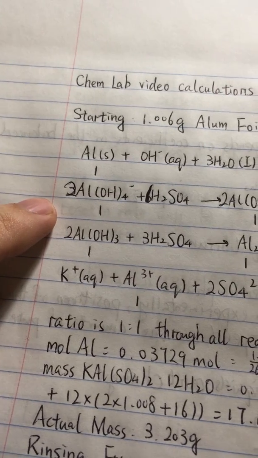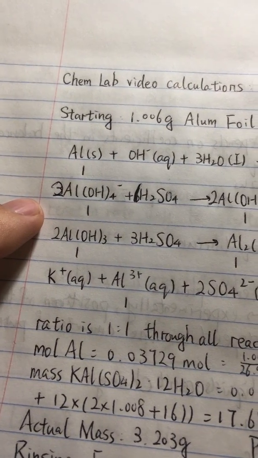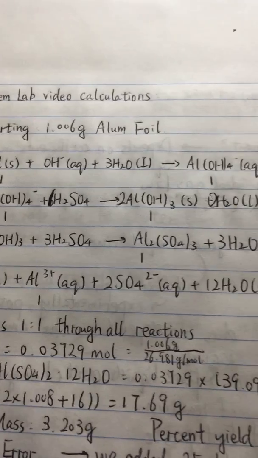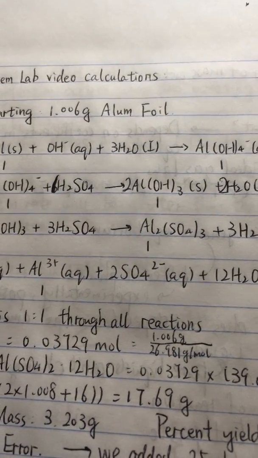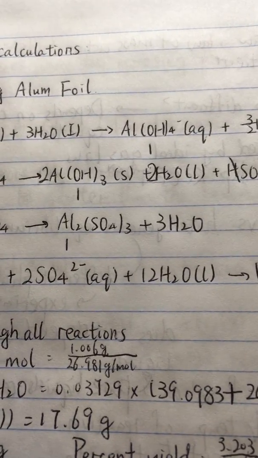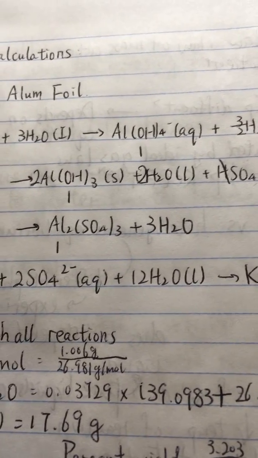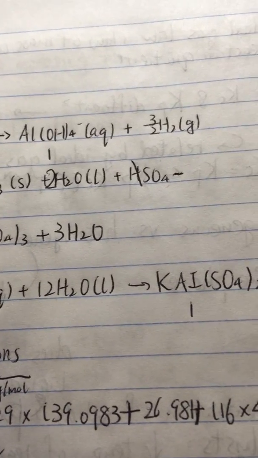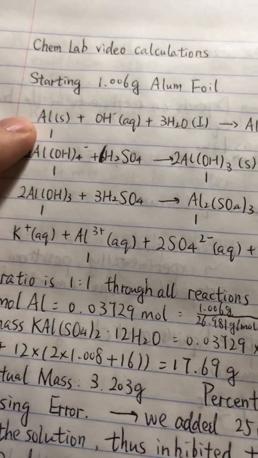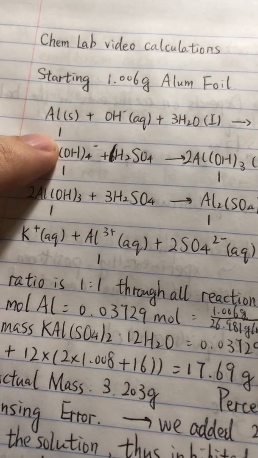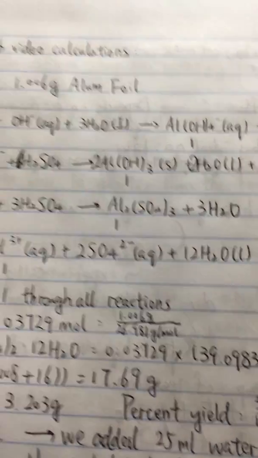And then if you bring 1 to the next equation, where aluminum hydroxide reacts with sulfuric acid, you get aluminum hydroxide precipitate, water, and sulfate ions. In this one, as it's 2:2, the original ratio is still 1:1. So if this is x, then when it's here, it's still x.